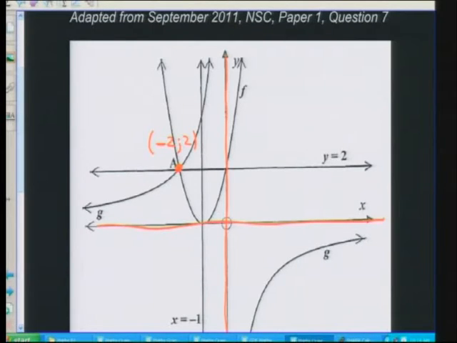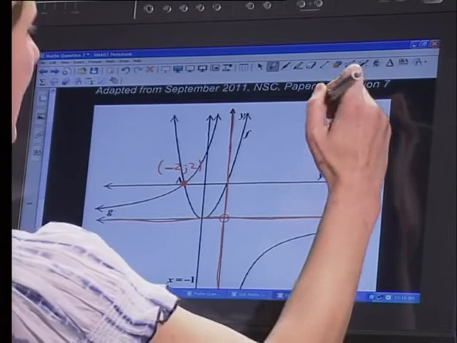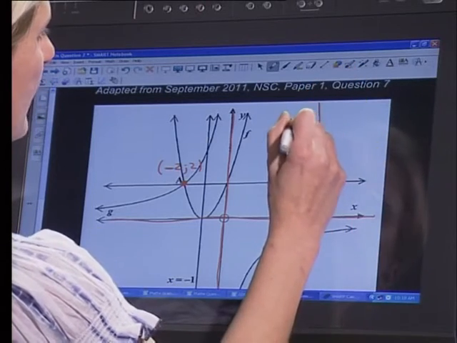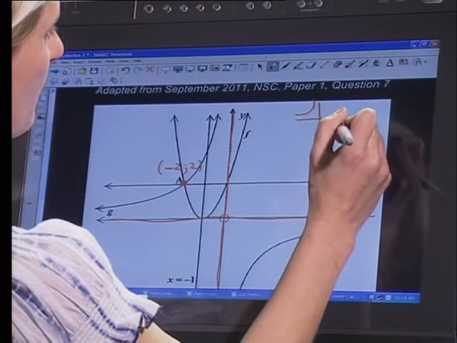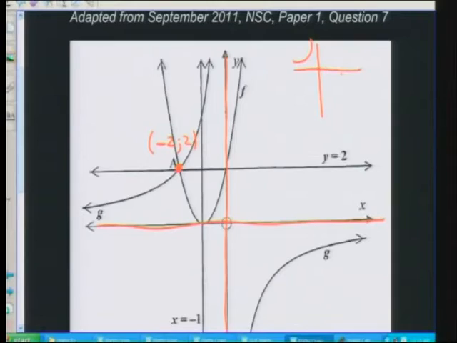Now, if I have a look at my hyperbola, and the next question asks me to find the equation of the hyperbola, I can actually see that my hyperbola is one of this sort. It's in the second quadrant and in the fourth quadrant, which means it hasn't been translated up or down, it hasn't been translated left or right.